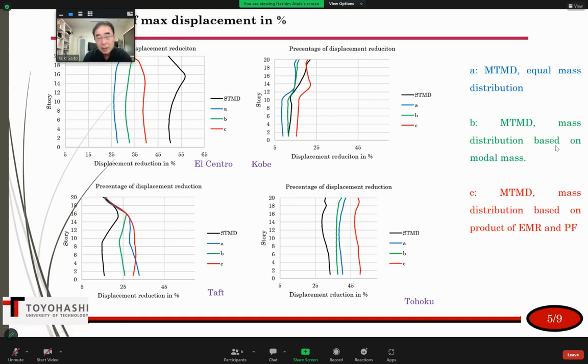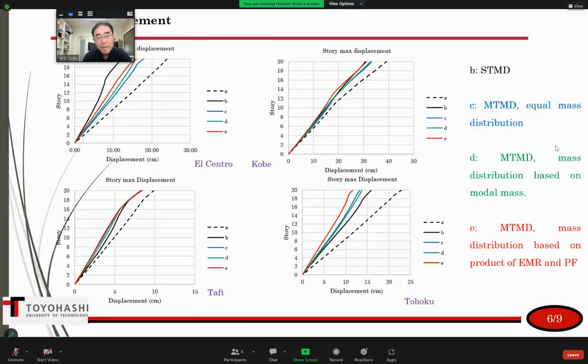It means that it reduces the maximum displacement more than other methods. And this is the graph of the maximum displacement, where you can see that except for the central case, the red line is on the left side. It means that it reduces much.